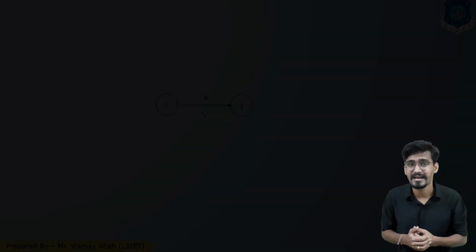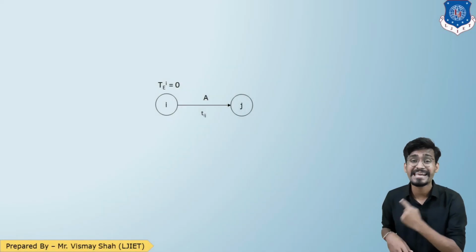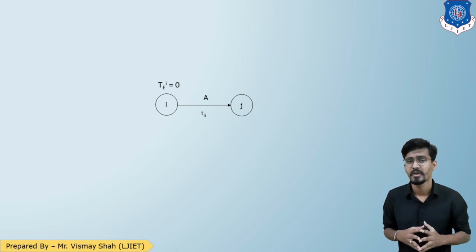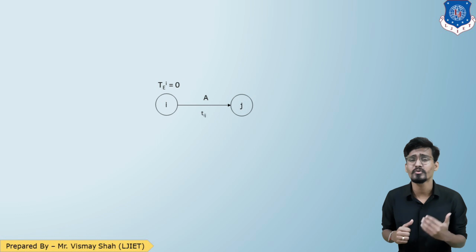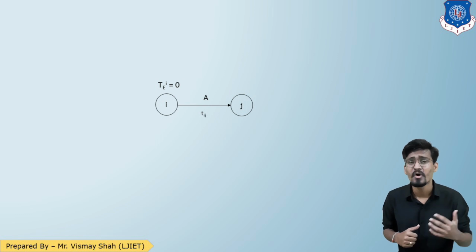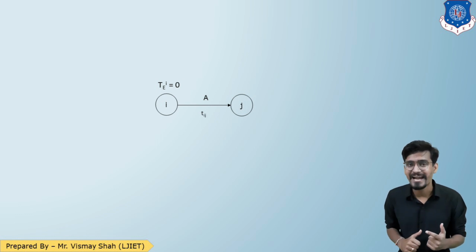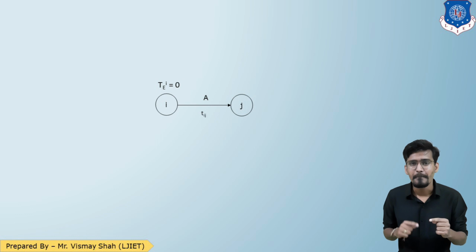Let us represent that. So here is TEi equals 0. But now I want the earliest time of event j, TEj. So what I can do is add TEi plus small tij, that is my duration.